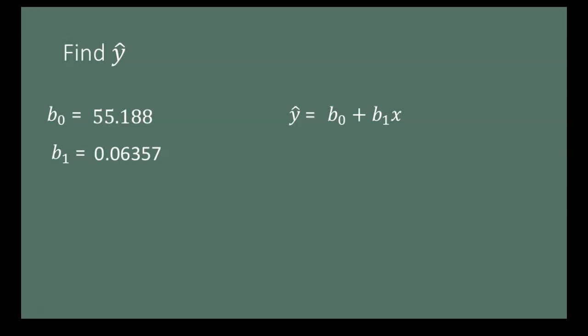So now we can plug all of that in to figure out what our y hat, what our regression equation will be. So your y hat equals 55.188 plus 0.06357x. So as the price increases, your rating will increase as well, because that slope that we found was positive.